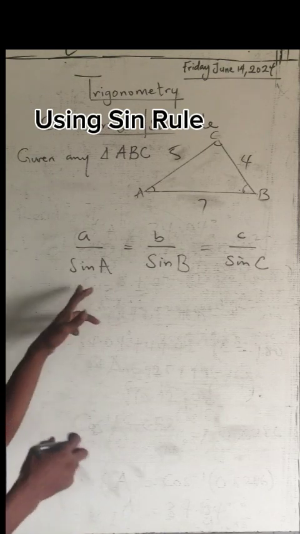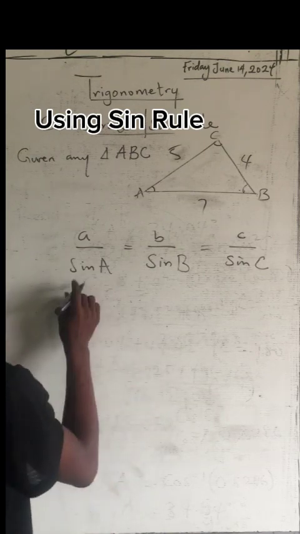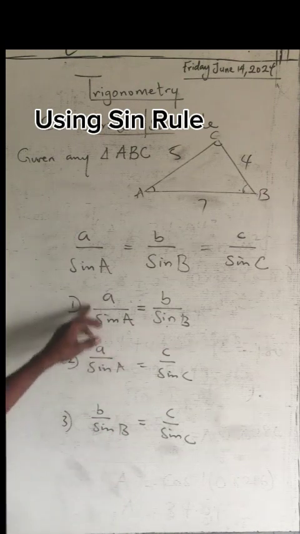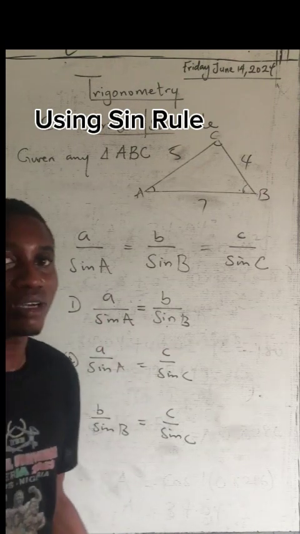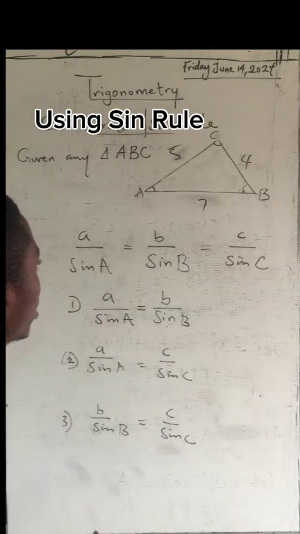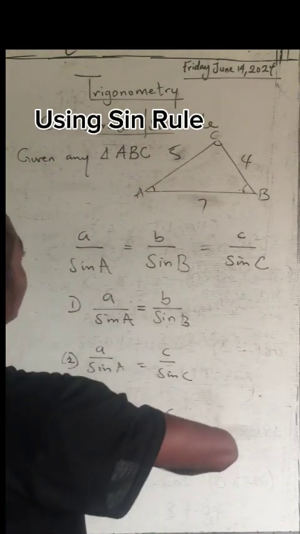Understand? If you like, you can use any of these three pairs to find any angle or any side you are looking for. Let me do an example for the sine rule.